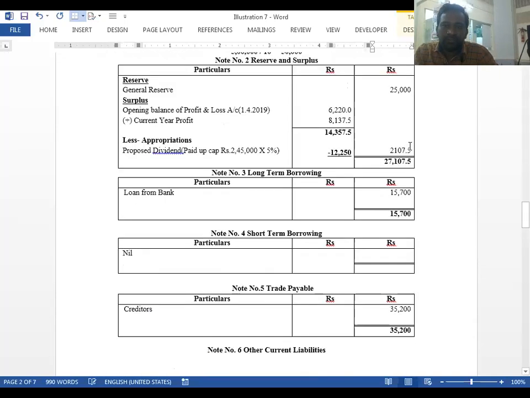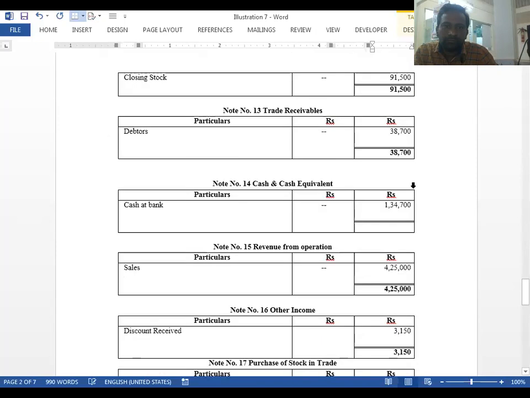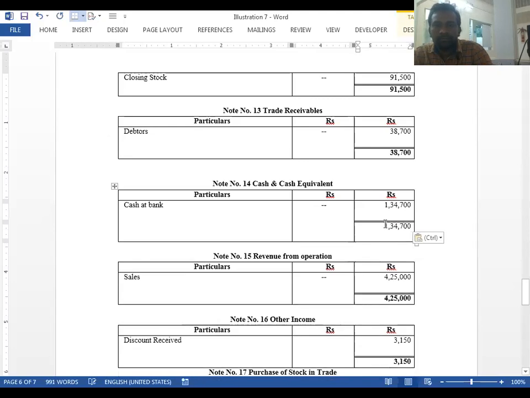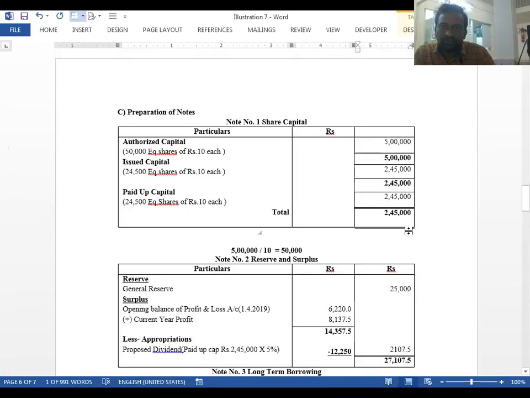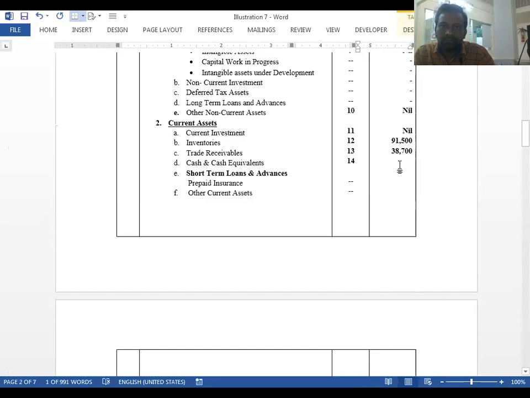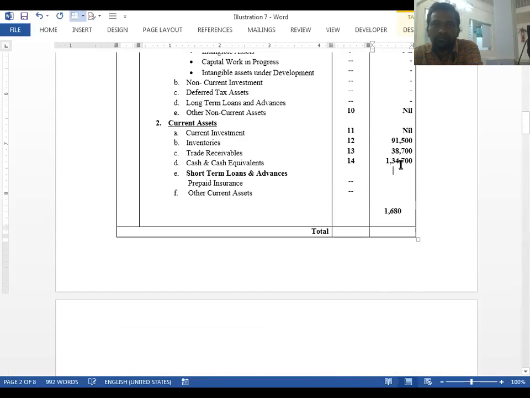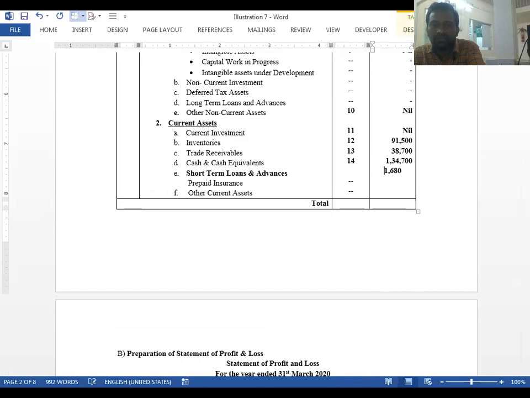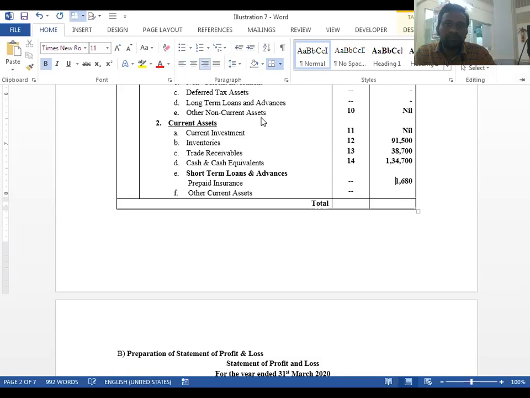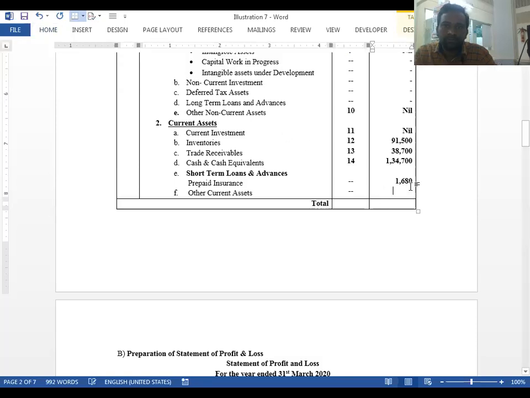Cash and cash equivalent 1,34,700. Prepaid insurance was recorded under the short-term provision. And other current assets are also nil.